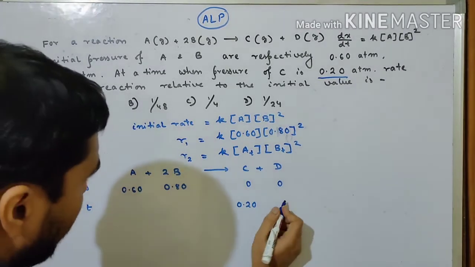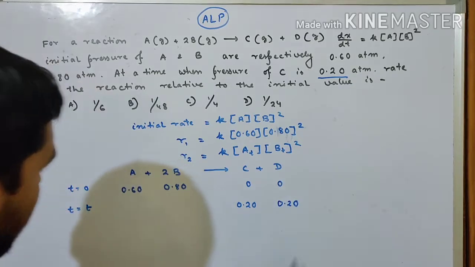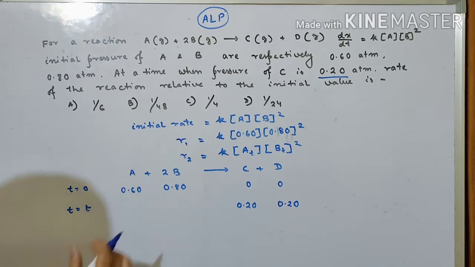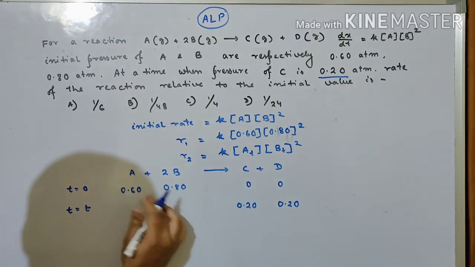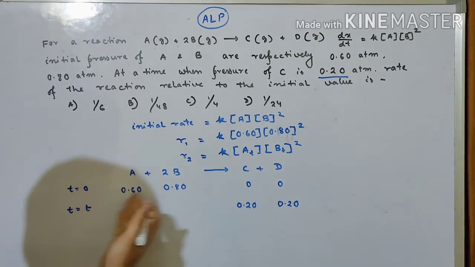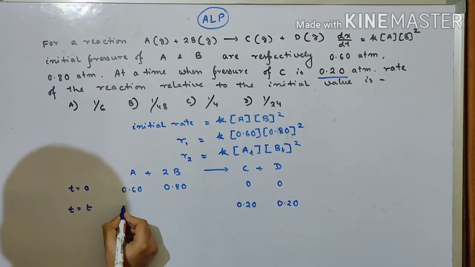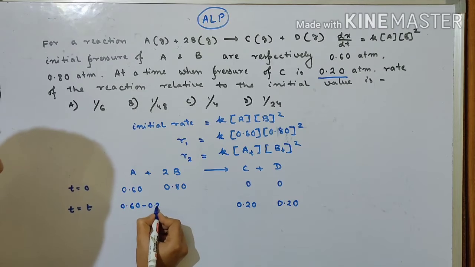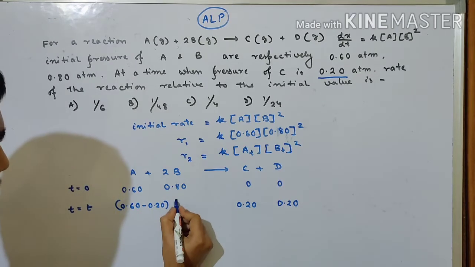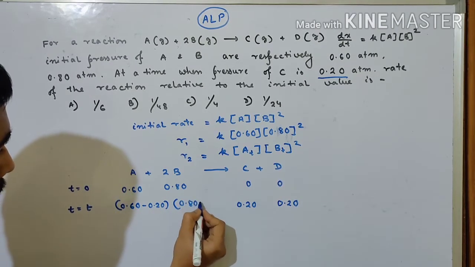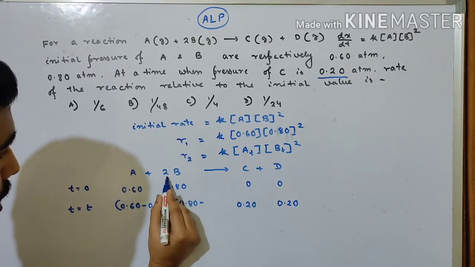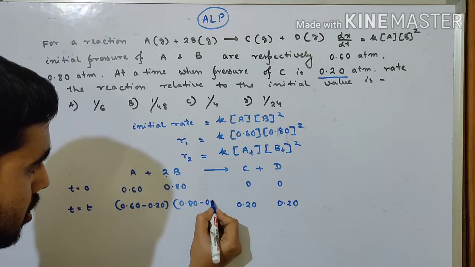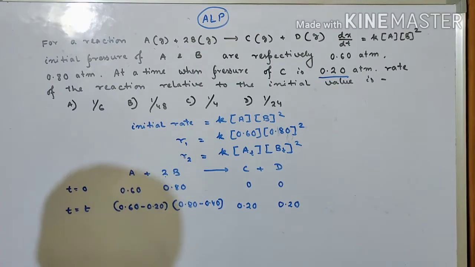So if it is 0.20, according to coefficient it is also 0.20. And as per the coefficient, how much from A will be lost? Equimolar. That means if it is 0.20, although it is given in pressure, I can write 0.20 here. And it should be, carefully see, 0.80 minus, since it is 2B, so accordingly it will be lost. So 2 into 0.20, so it is 0.40.